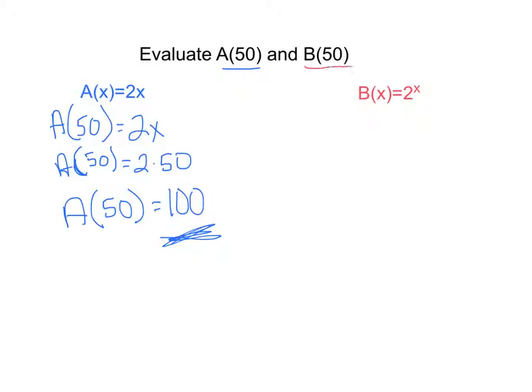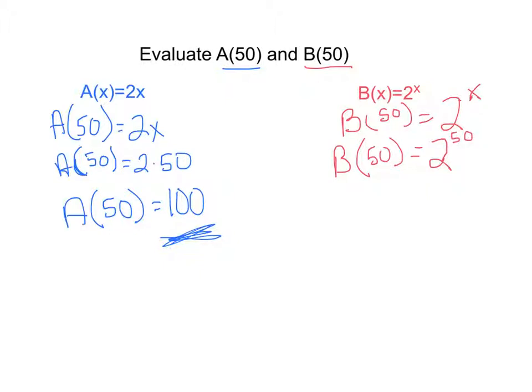But now let's come over and let's look at b of 50. So once again, b of 50 equals 2 to the x power. And now let's keep plugging in. b of 50 equals 2 to the 50th power.